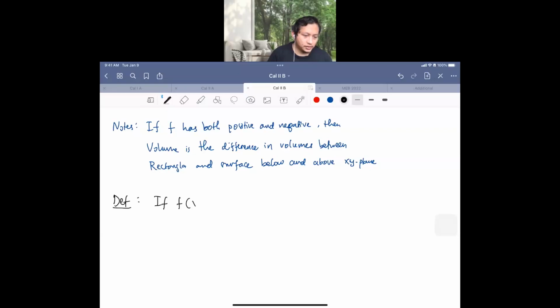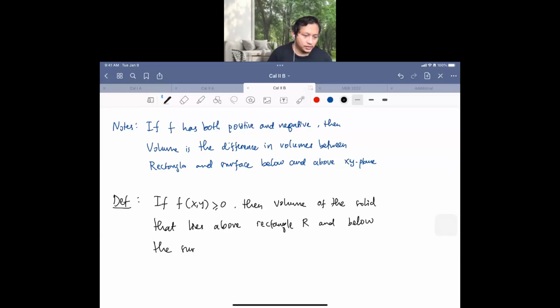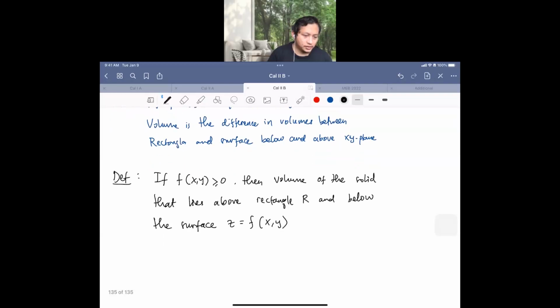If the function is positive, then the volume of the solid that lies above rectangle R and below the surface z equals f(x,y) is the double integral over R of f(x,y) dA.